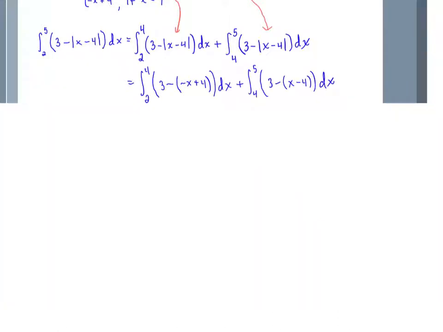Now let's simplify each one of these integrands. This is the integral from 2 to 4 of x minus 1, plus the integral from 4 to 5, and this will be negative x plus 7.